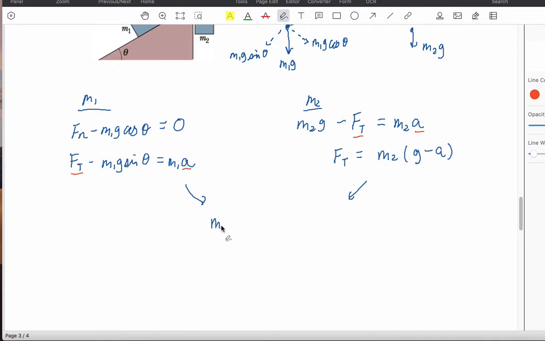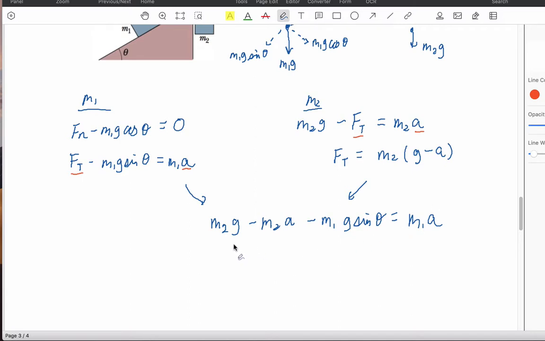So we're going to have m2g minus m2a. I know, I expanded it out again. Pretty sassy of me. m1g sine theta equals m1 times a. And so here we go.